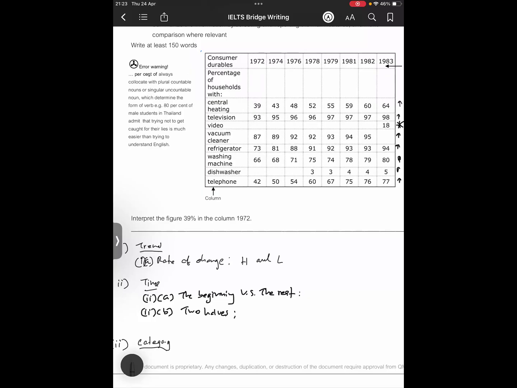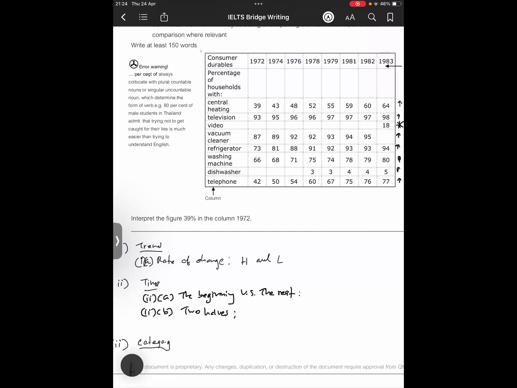All right, so let's have a look at the first strategy, the beginning versus the rest. So what you can do here is look at the year 1972, and then we're going to compare all these values to see what is the biggest. Okay, so it is obvious that the biggest value would be for television. Then the next biggest value would be for vacuum cleaner. Right, and then the third largest value would be for refrigerator.